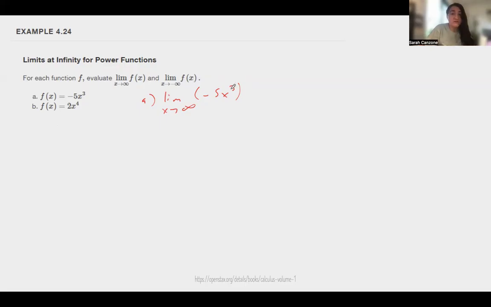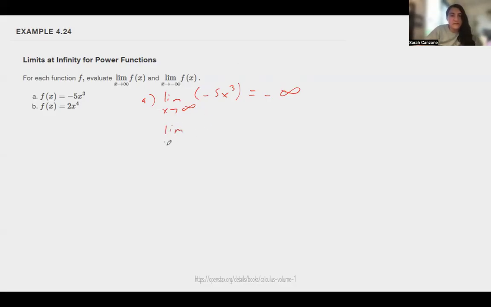And infinity cubed is also infinity. Therefore, we just have to consider the sign of what the infinity will be. Since this is positive infinity cubed, this will be a positive infinity. But because we have a negative 5 here, we have to multiply the infinity by a negative value. So that will be a negative infinity limit as x approaches positive infinity.